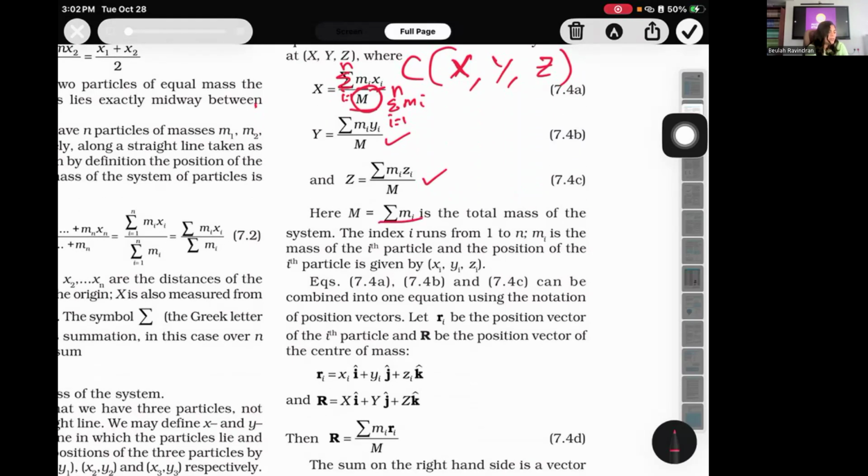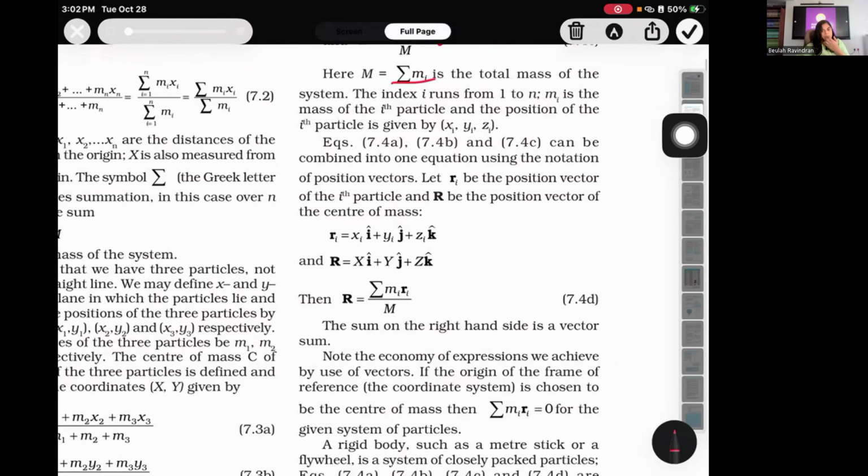Okay. Then, suppose you consider a two particle system. What is a two particle system in a plane? 2D. You are considering 2D. I'm going to draw. Okay, vector axis. We can take vector axis. In the vector axis, along the x-axis, each and every unit is the unit vector i.